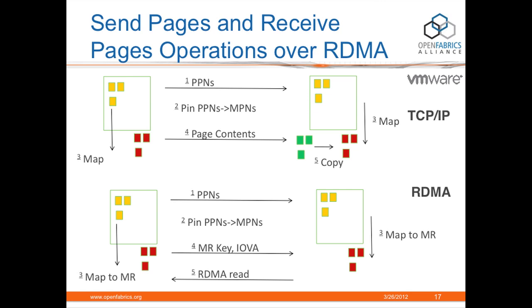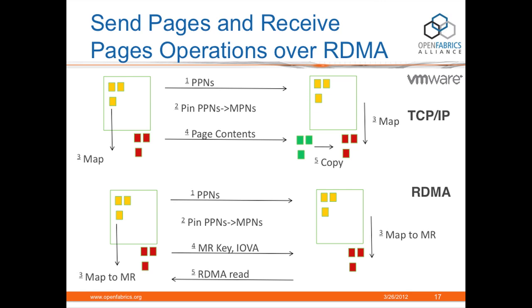The fifth is on the destination: the packets were received in buffers allocated on the heap in the destination host. They have to be copied from the heap memory into the destination buffers, which correspond to virtual machine memory. So there's one copy involved on the destination host here.